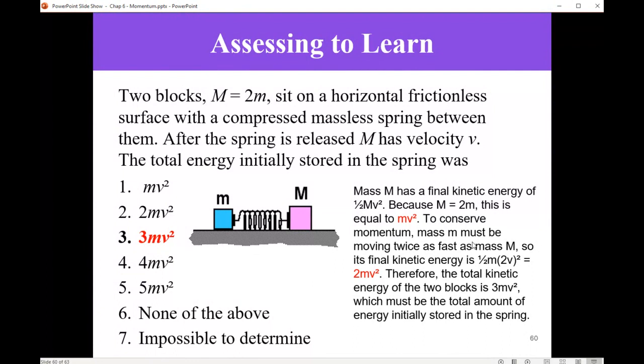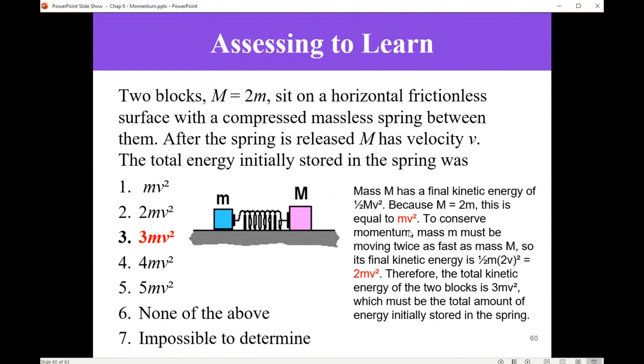Then to conserve momentum, the smaller mass must be moving twice as fast as the bigger mass, because of this factor. So the final kinetic energy is half m multiplied by (2v) squared, which we get from the conservation of linear momentum. 2 squared is 4. You have 1/2 here, you cancel 2 into 4, you end up with 2mv squared. That would be the kinetic energy of the smaller mass.